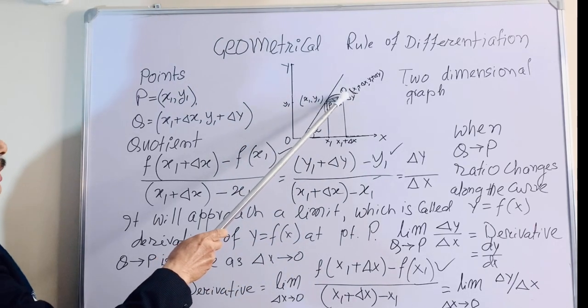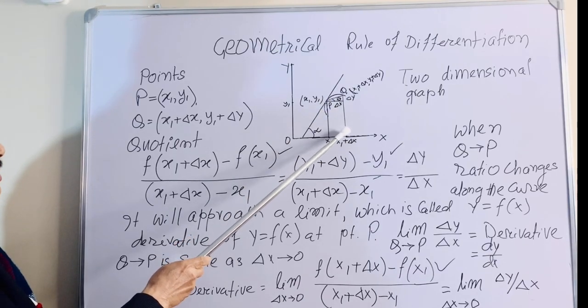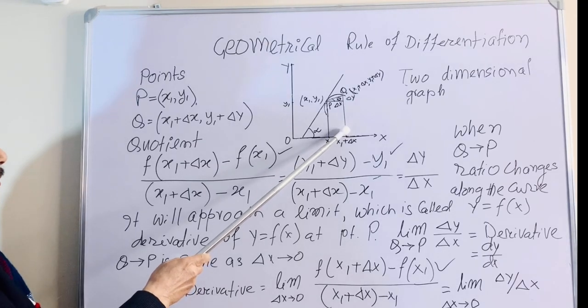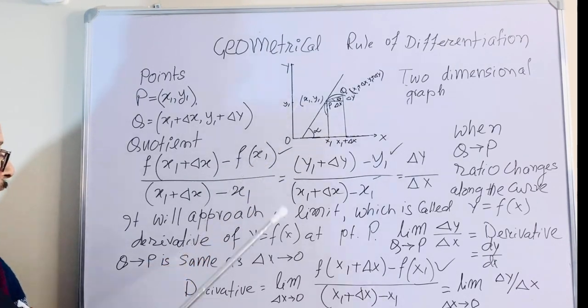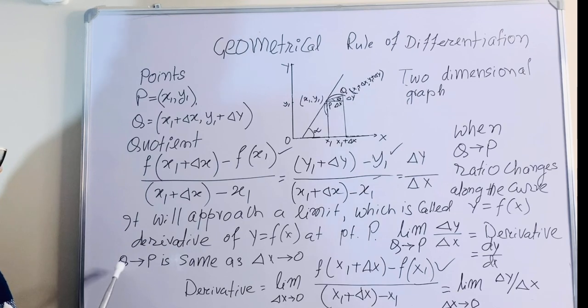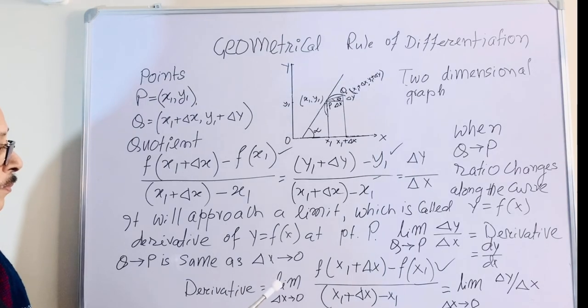When Q approaches P, this distance delta x, the change in x, will reduce and reduce. Ultimately, the change in x will be almost 0.